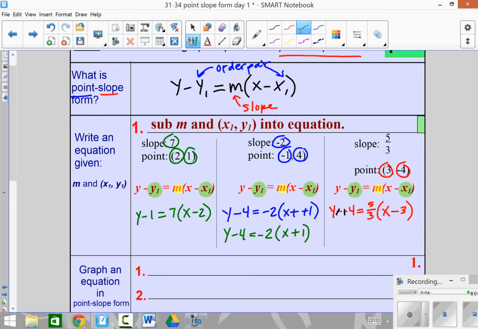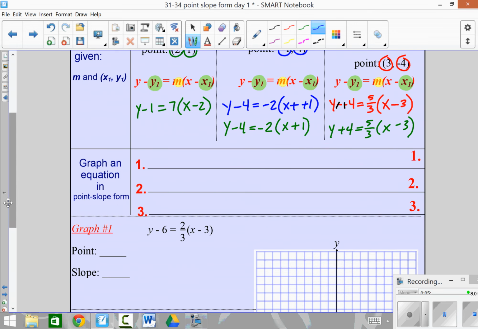A cleaner version of this answer is y plus 4 equals 5/3 times x minus 3. And again, you see a plus 4 here, so I know the original point for the y was a -4 because the original form has a minus. The minus and the negative cancel out to be the plus sign. Okay, so that's it. You just have to know where to plug the 3 numbers into point-slope form, and you've written an equation in point-slope.